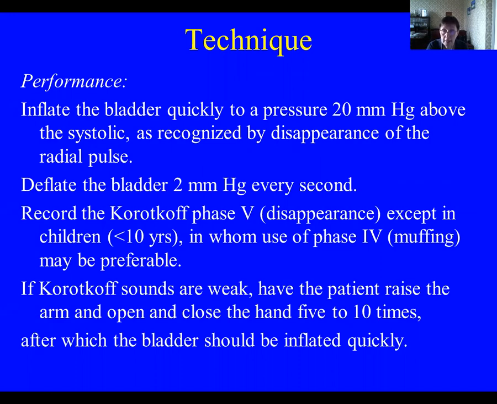When the pulse disappears, you inflate 20 millimeters higher and only then begin to deflate. Here you see the speed of deflation of the bladder. Then you record Korotkov phase 5. Usually the disappearance of sounds gives the diastolic pressure.